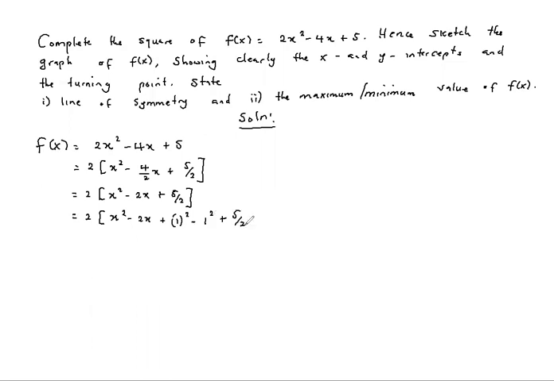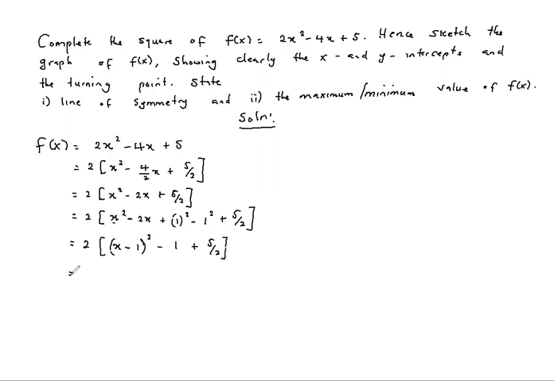Then from there, we have 2, and we pick this x, pick the sign negative, and then pick the half, put them under the same bracket, and then square, then minus, evaluate that one, and then 5 over 2.